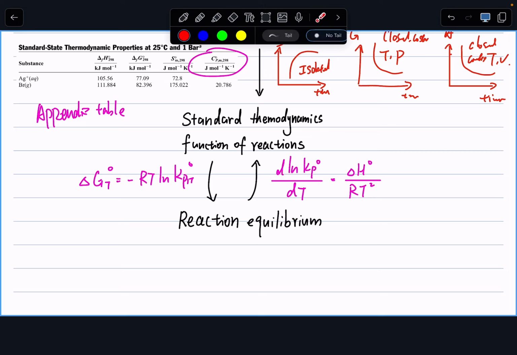All right, so the first one links Gibbs free energy of the reaction with the equilibrium constant, where the equilibrium constant is defined related to the equilibrium composition. And then the equilibrium constant itself is dependent on temperature, and that's our Van 't Hoff equation.